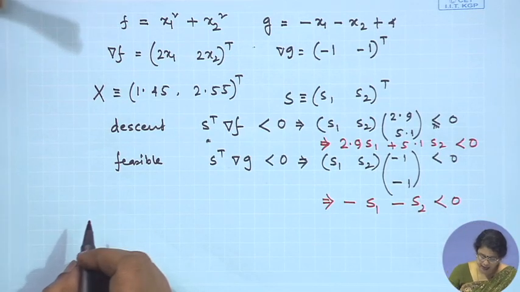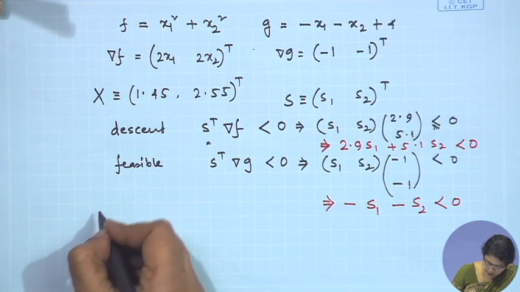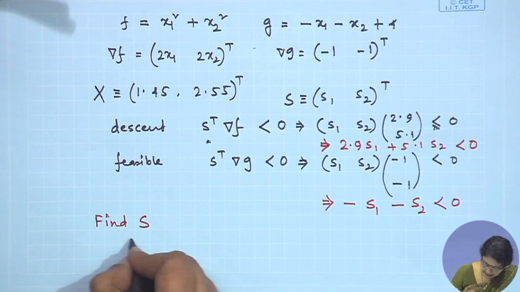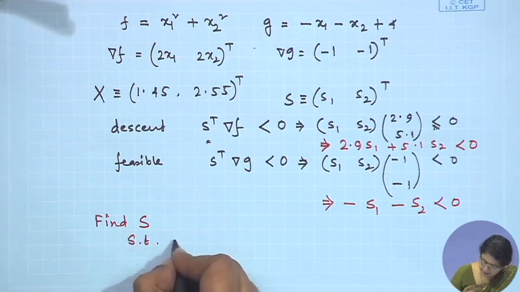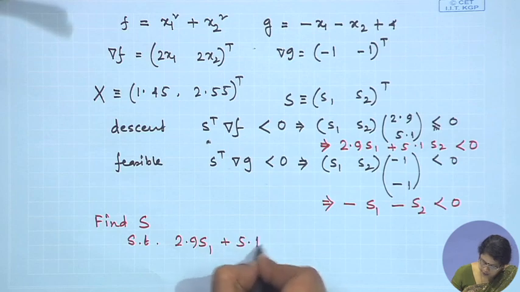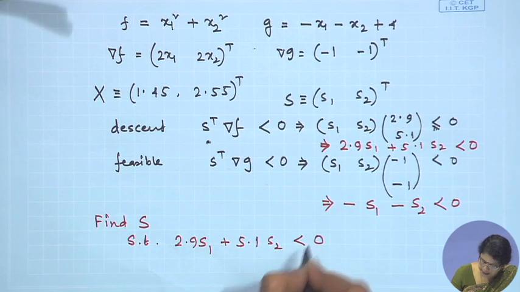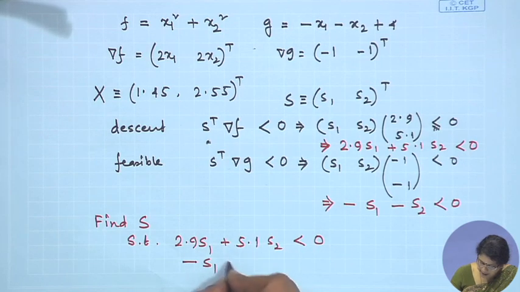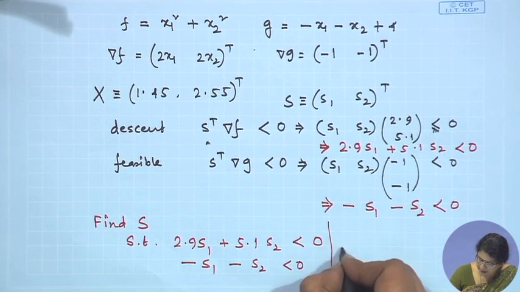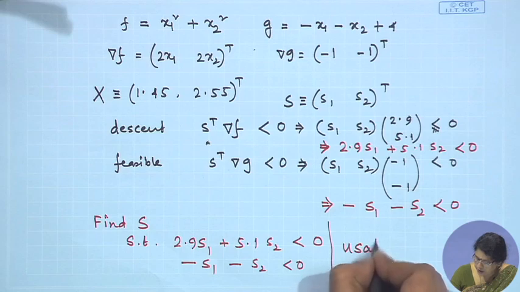That is why if I ask you to find the usable direction, you will say find S such that 2.9 S1 plus 5.1 S2 must be less than 0 and minus S1 minus S2 must be less than 0. That must be the usable direction.